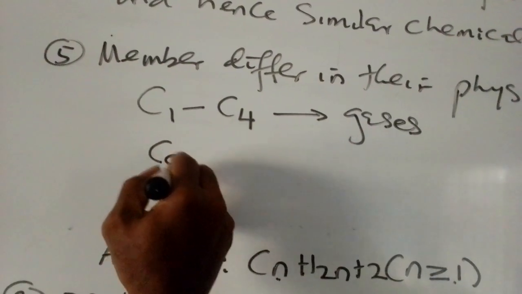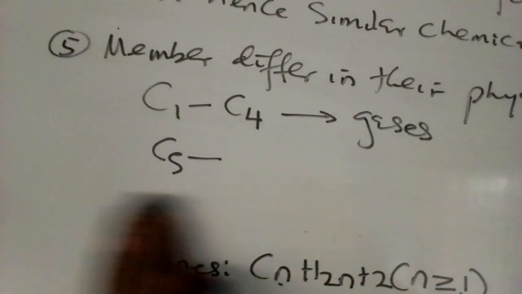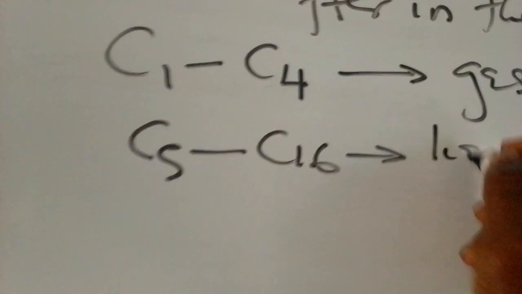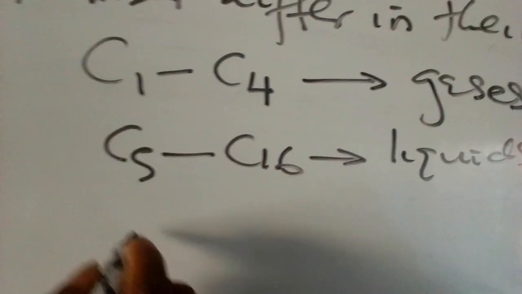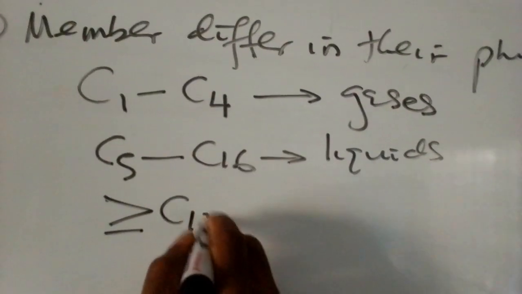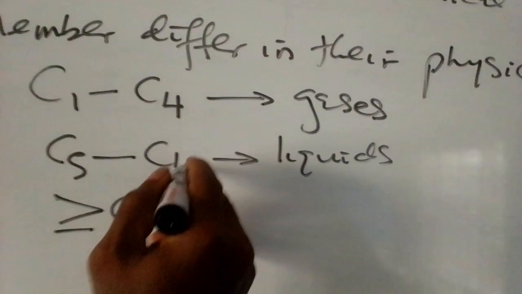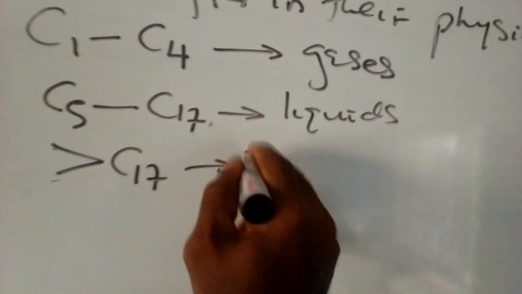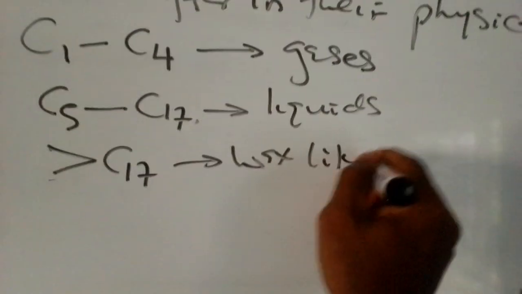The 5th to the 16th member are usually liquids, while from the 17th member and above are usually wax-like solids.